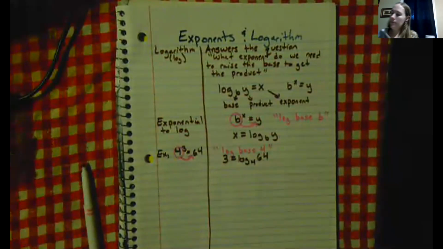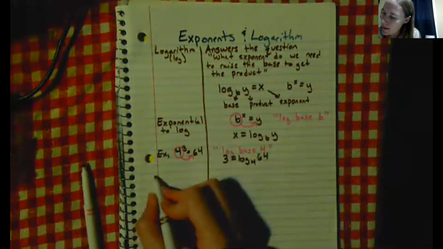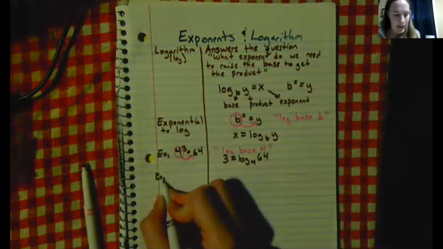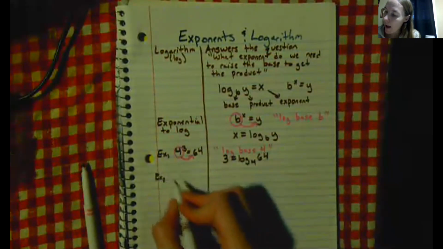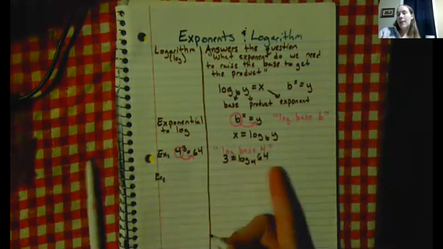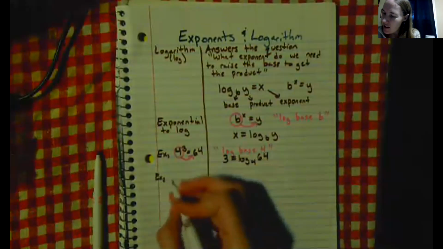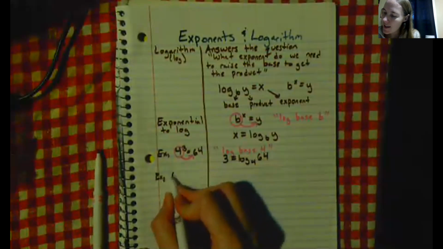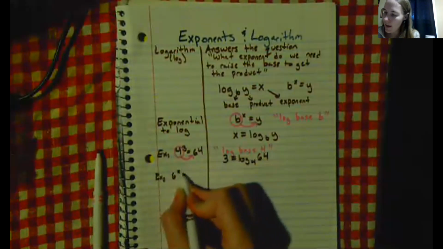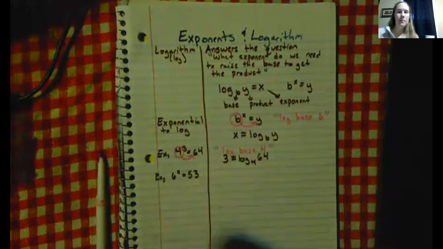Let's try another one. So for our second example, and we're going to learn how to solve something like this tomorrow, so get excited. So let's say we have 6 to the x equals 53.